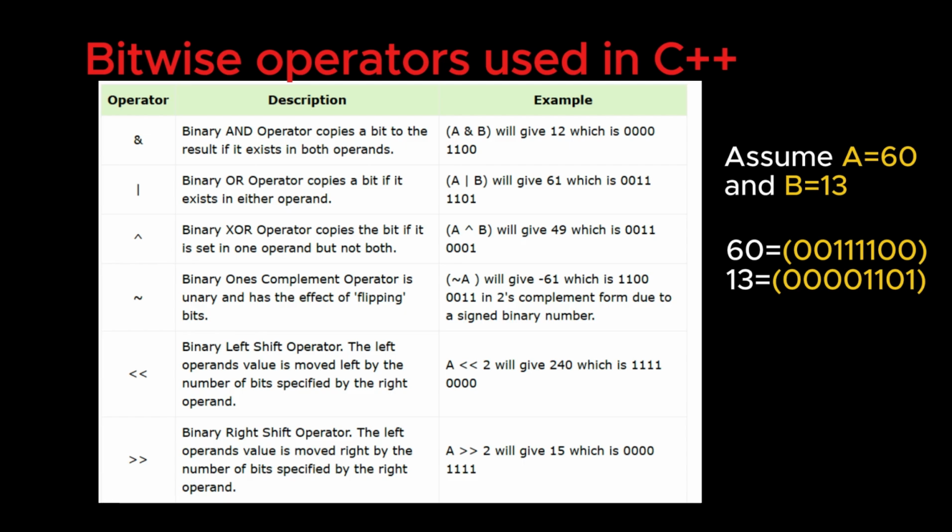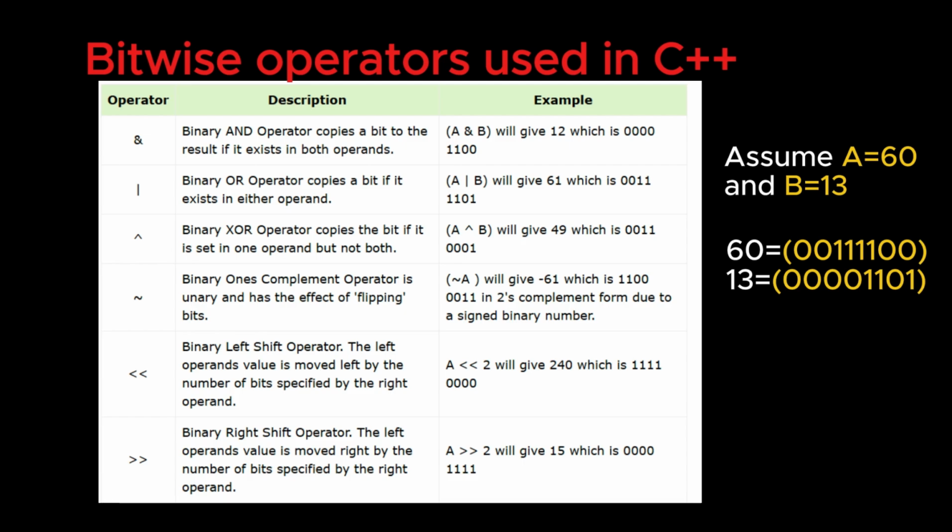So let's start with the binary AND operator. Binary AND operator copies the bit to the result if it exists in both operands. For example, here A and B will give us 12 in decimal form, which is equal to 0000 1100 in binary form. The second one is the binary OR operator.